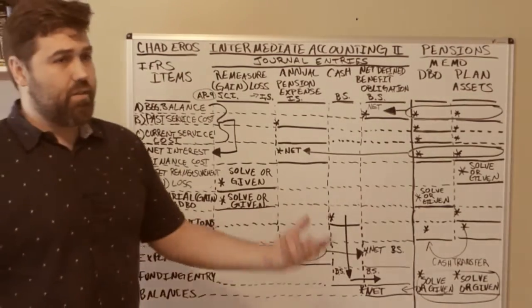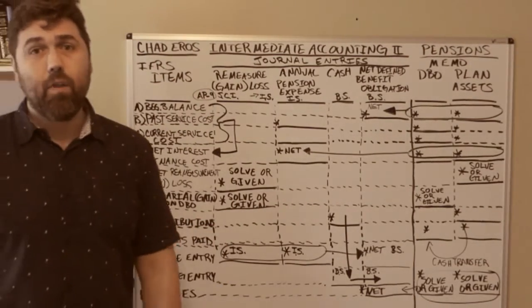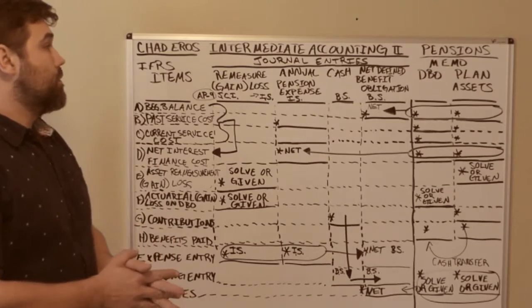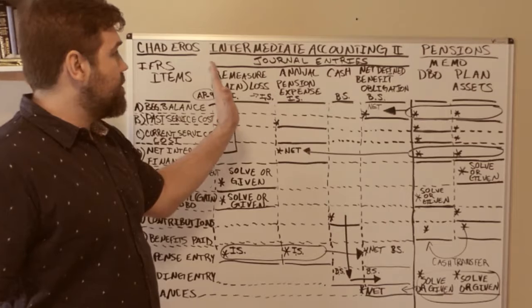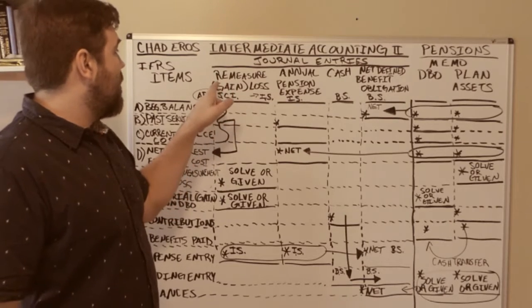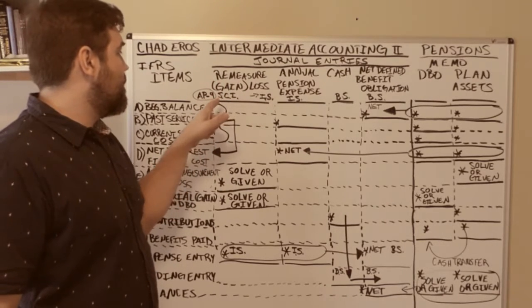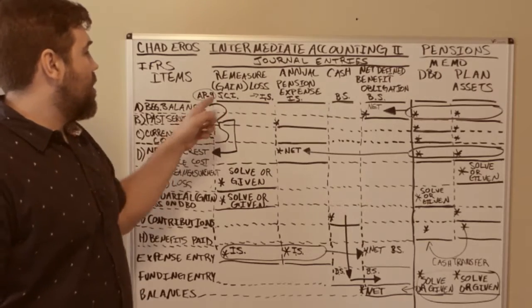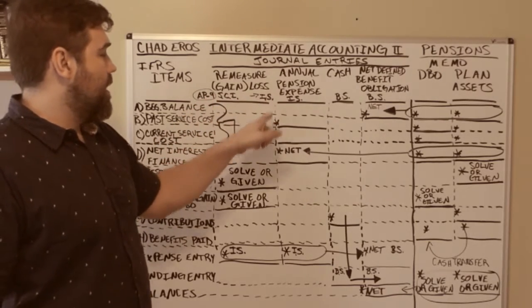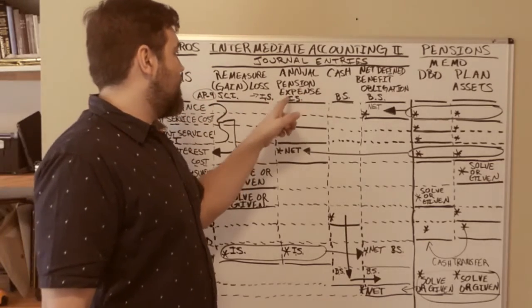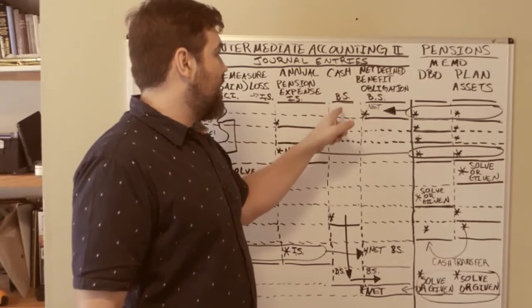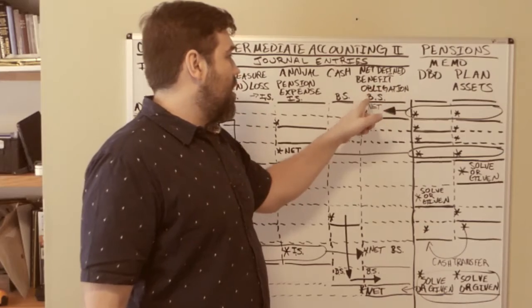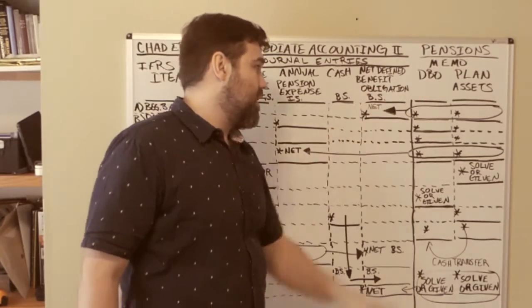Okay, DBO means defined benefit obligation. So this is where we're going to get our journal entries from, because we have remeasure gain or loss, statement of comprehensive income, which is income statement, annual pension expense, income statement item, cash, which is a balance sheet item, net defined benefit obligation, which is a balance sheet item.